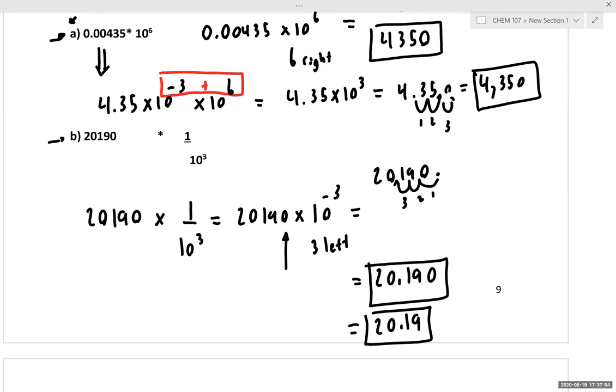We'll talk more about significant figures later in the lecture. So 20.19 is actually a more correct response for this problem. But in order to have the necessary information to explain why that is, we'll need to talk about a few more topics. But that's a really good question. Thank you for bringing that up. Any other questions that I can address?